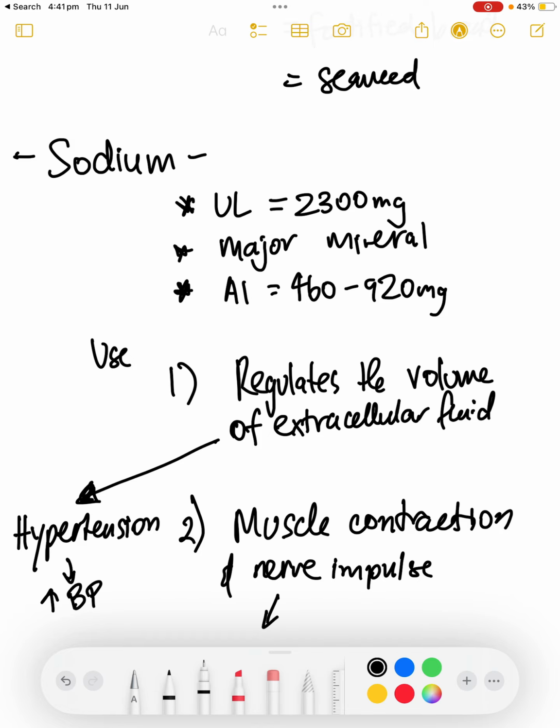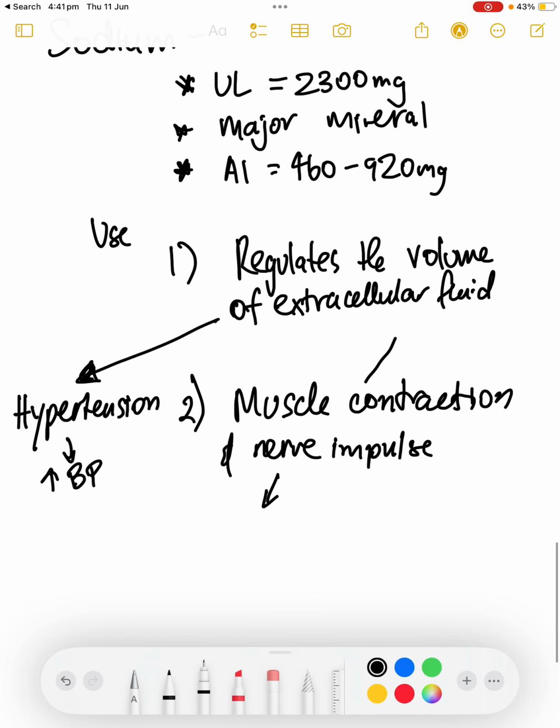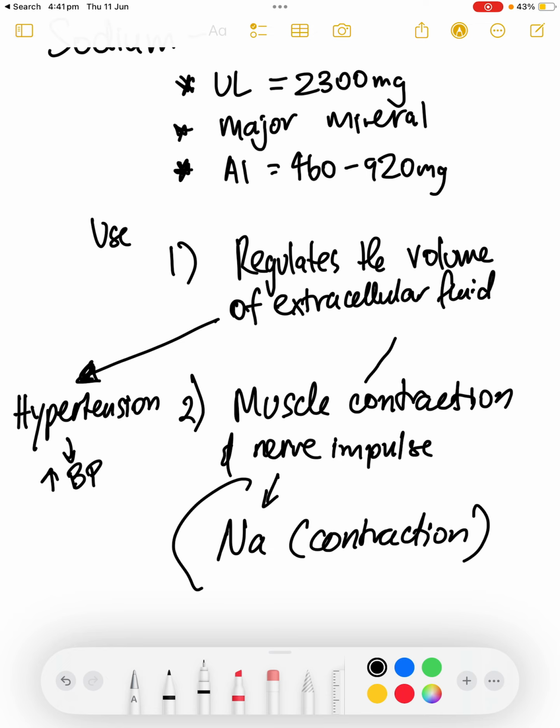So pretty much, sodium, Na, contraction; K, relaxation. K being potassium, Na is sodium. And the ions are repumped back, sodium out, potassium in, to reset levels before the next impulse as well. So it's really, really important in that too.